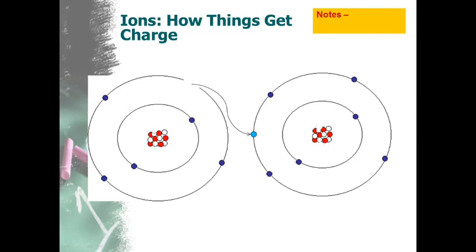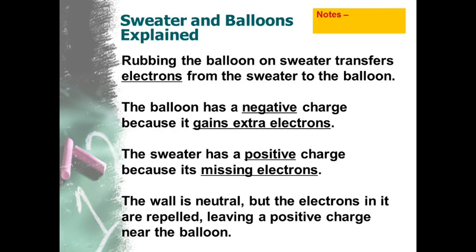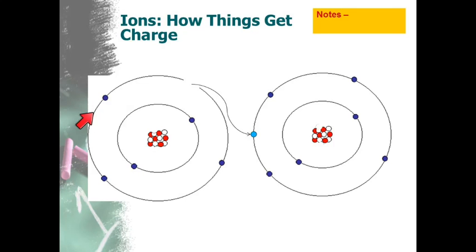Now that I've explained that, let me tell you how things can get charged. How can things be positively or negatively charged? It turns out that in an atom, the electrons on the outer shell are the ones most susceptible to being removed from the atom.